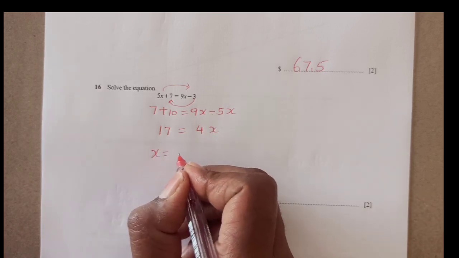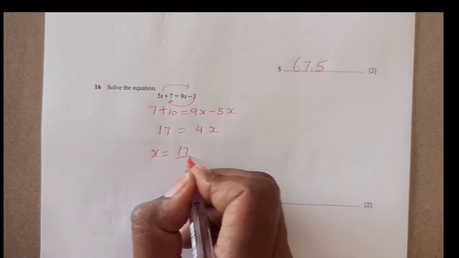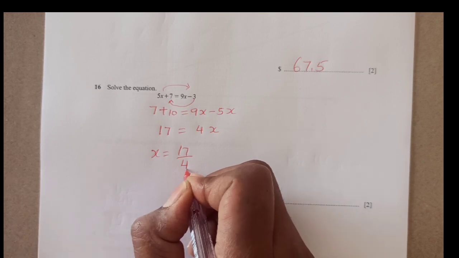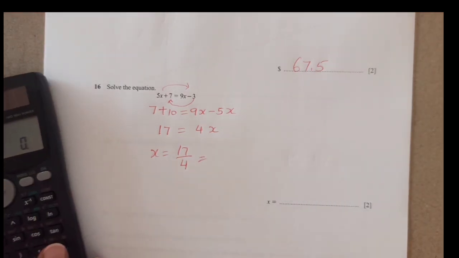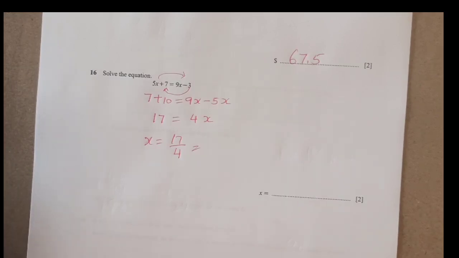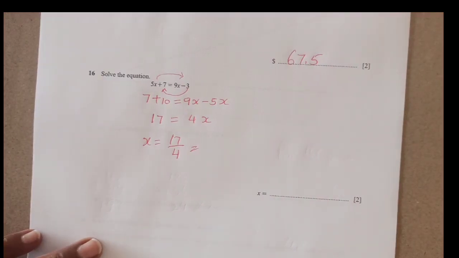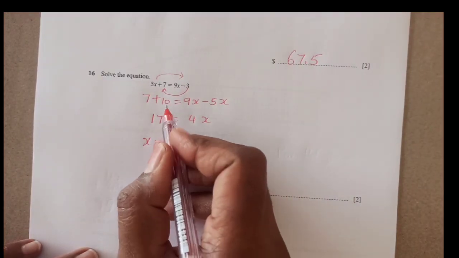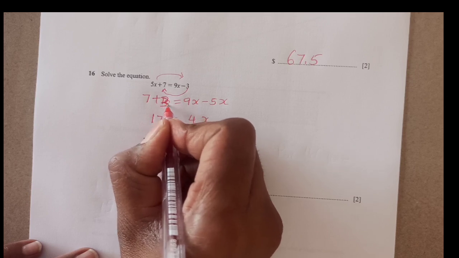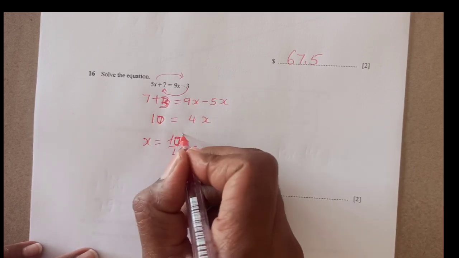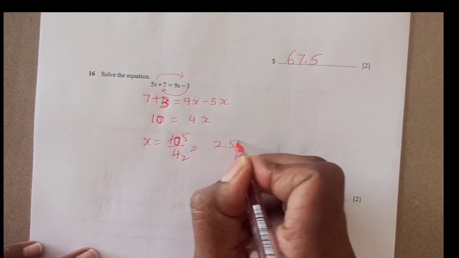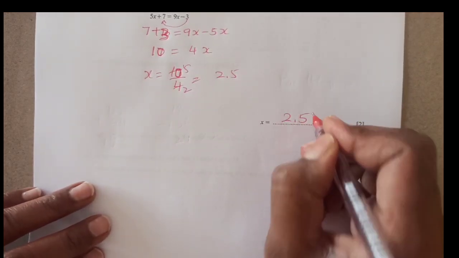So x is 17 over 4, which is, let me see, 17 divided by 4. Sorry guys, this is not 10, this is 3. 7 plus 3 is 10. So this is 10 over 4. 2 times 5, it's 2.5. So x is 2.5.